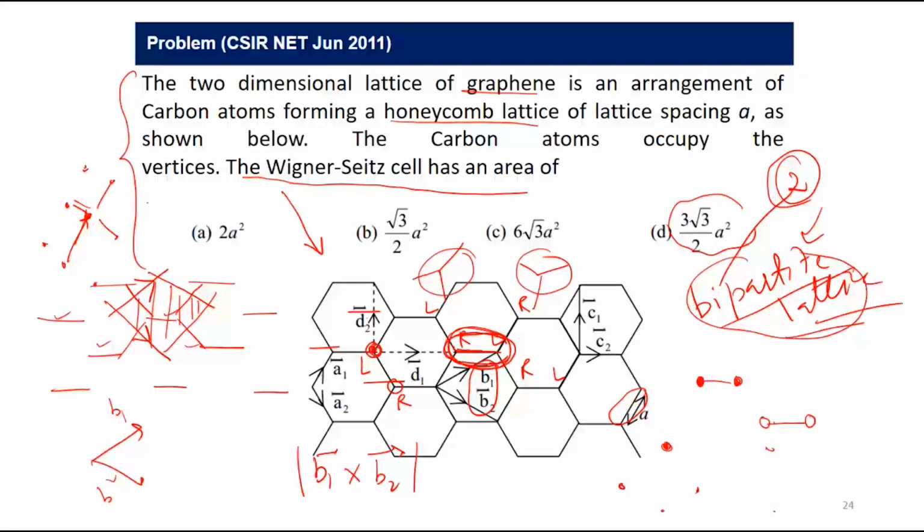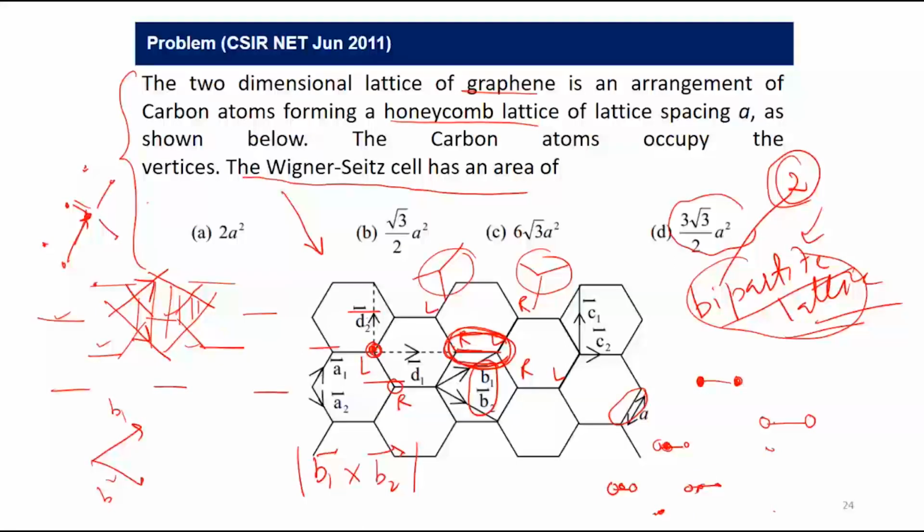You know the difference between lattice and basis, right? These are the lattice points as usual, but the basis are the atoms. Instead of fitting one atom, the way you normally do, you are putting two atoms. That's why you are calling this a bipartite lattice.